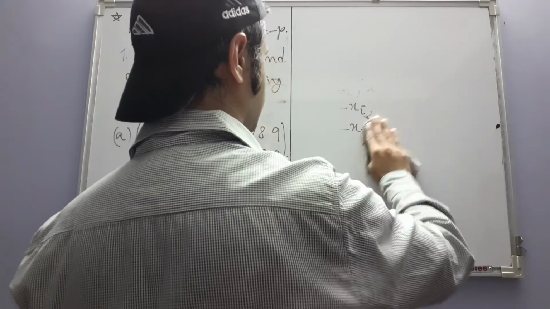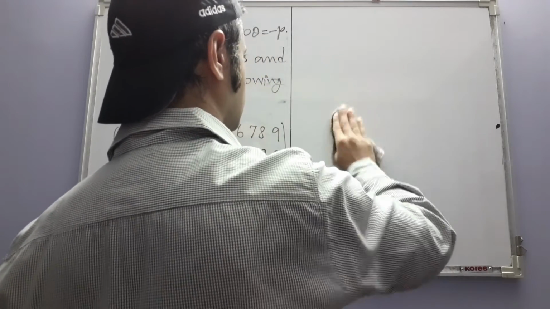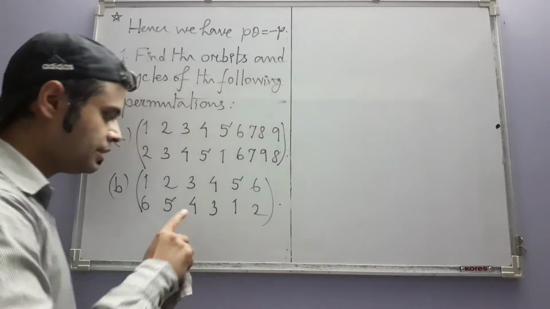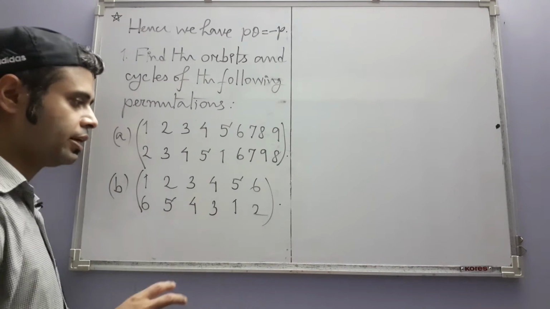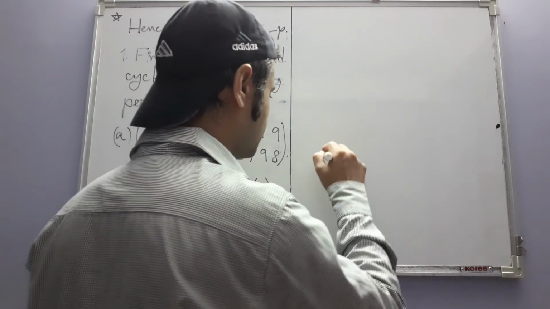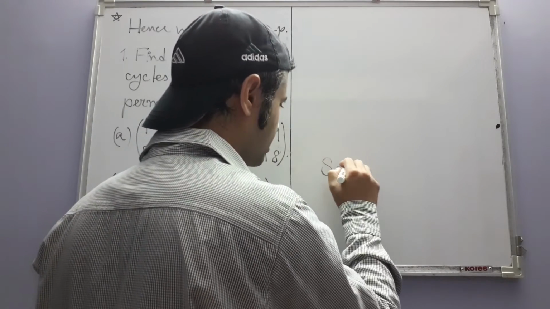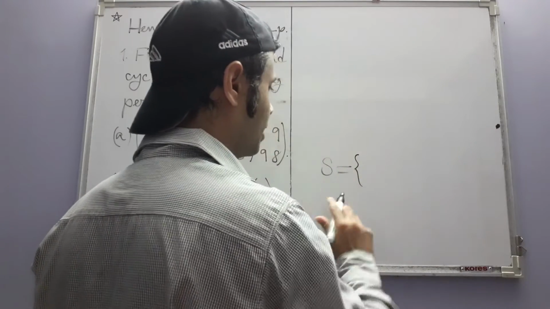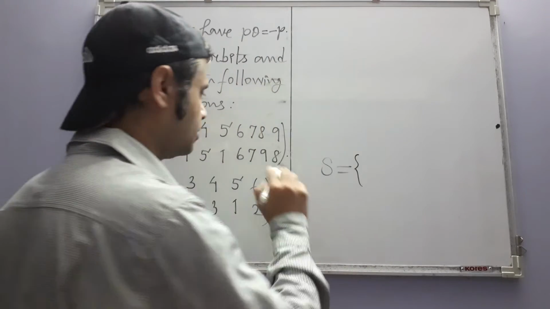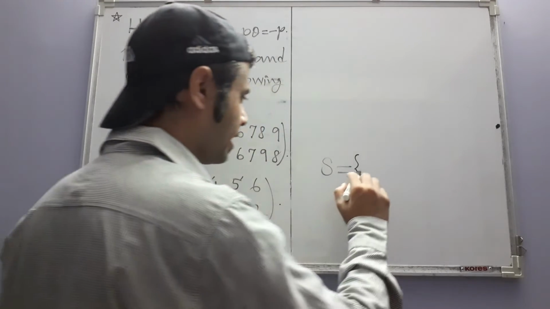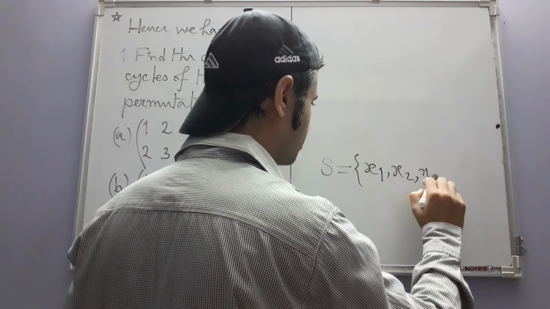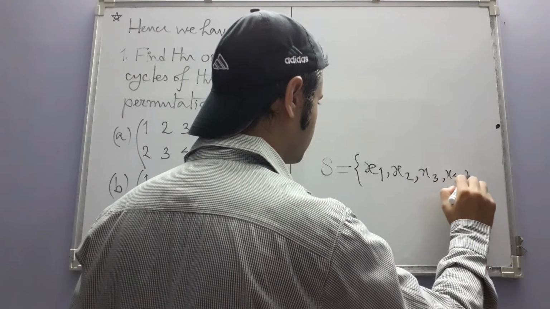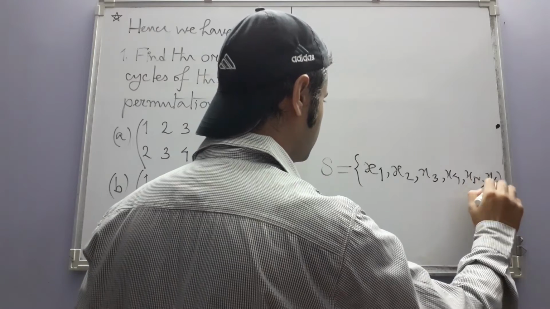One more thing is that these are not numbers, these are objects, or rather the elements of the set on whose permutations we are considering. For example, in this one, actually we are considering some set of objects.